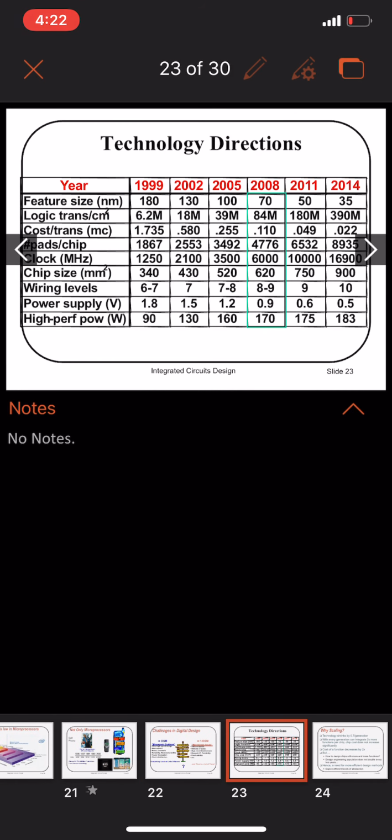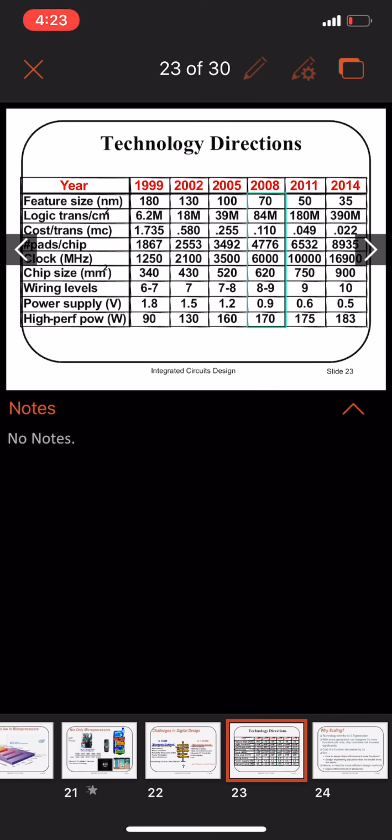Here you can see the technology direction between the years 1999 to 2014. So here you can see the difference in feature size, logic transistors, cost per transistor, clock, chip size, wiring level, power dissipation, power supply, and many other things.